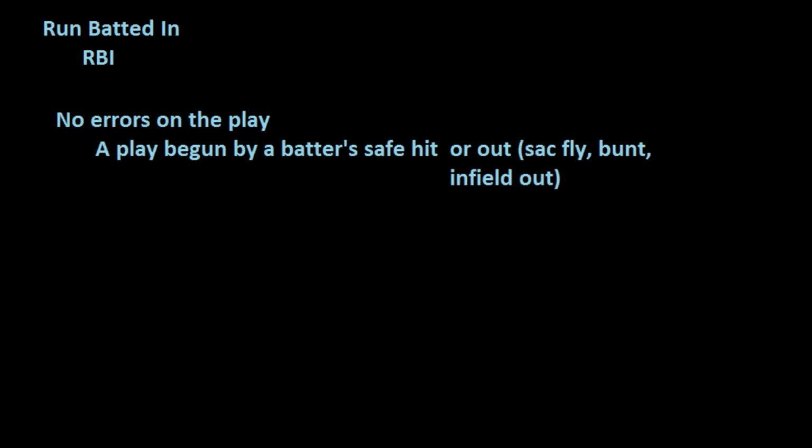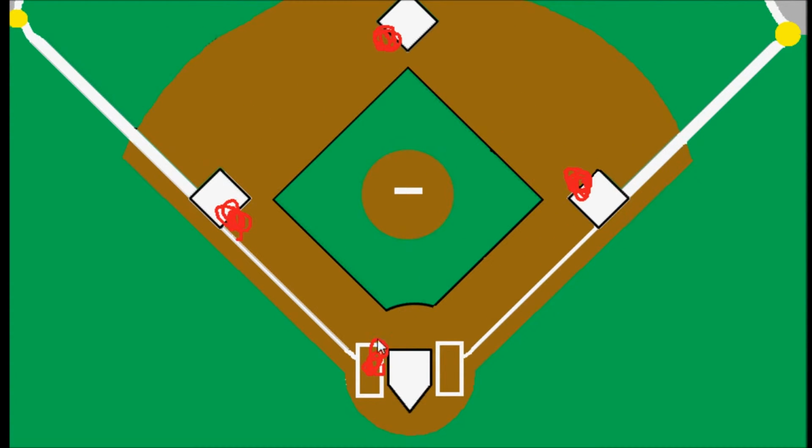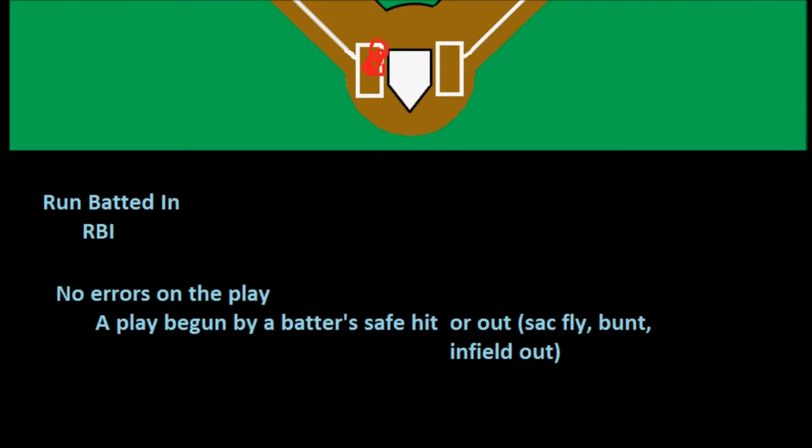So if there's a runner here on third base and the batter grounds out to the second baseman, he gets a ground ball here, and the second baseman throws him out at first base. If this runner here scores, he would still get credit for the RBI because the run scored as a result of the play that he started.